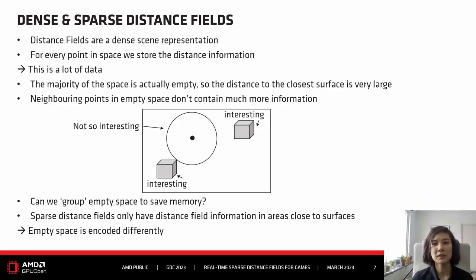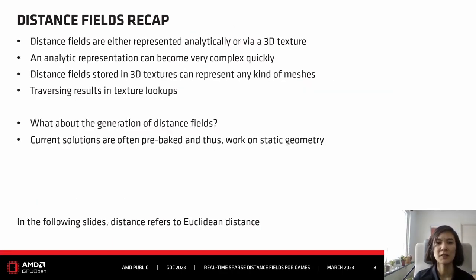How empty space is encoded depends on the sparse distance field. But before we talk about how it's done in our solution, let's talk about how distance fields themselves are represented. Typically, it's done either analytically or via 3D texture. If it's an analytic representation, it can become very complex very quickly depending on the scene.